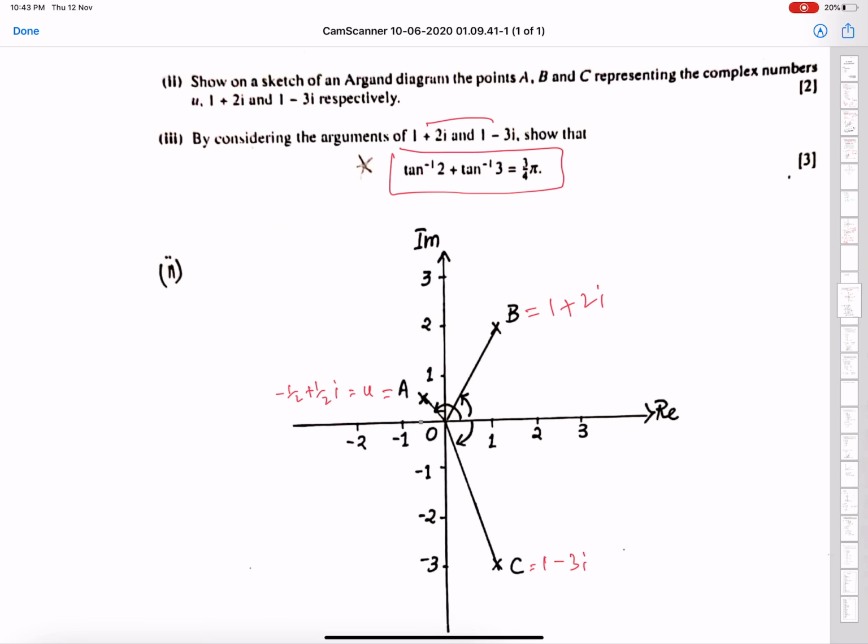Let me write that information here. U is 1 plus 2i over 1 minus 3i. And if you observe this, this is B, whereas this is C. And you know, the simplified form of this is minus half plus half i. So you basically need to equate these two things.